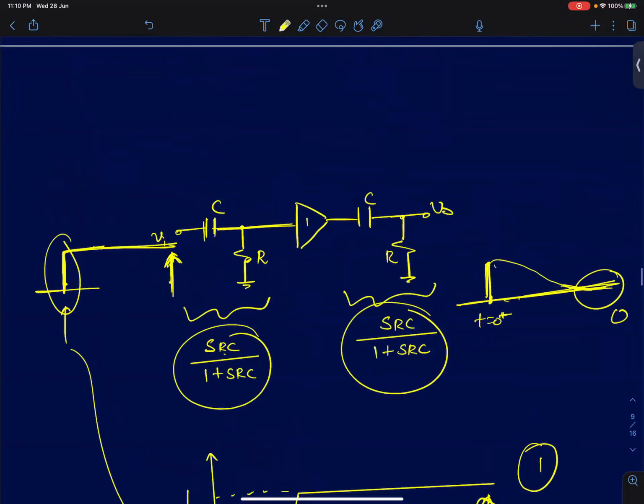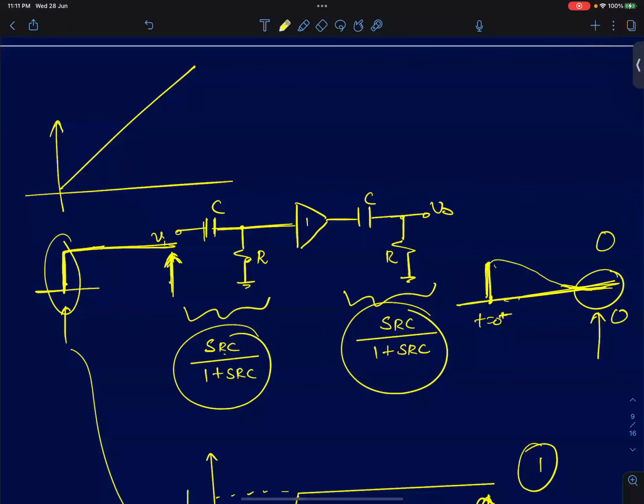Now you can tell me what will happen if I feed a ramp input. Because this output in the steady state is the input differentiated twice, again it will be 0. Even if I feed a ramp input, the steady state output is going to be 0 here. Because if you differentiate a ramp once, you get a step.